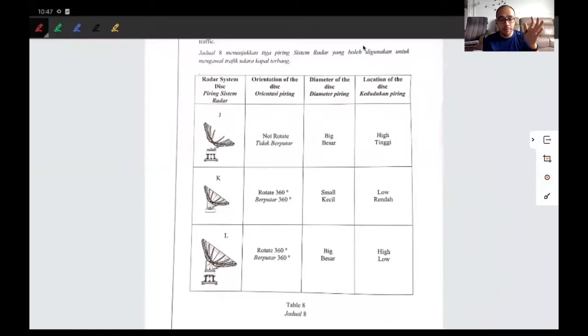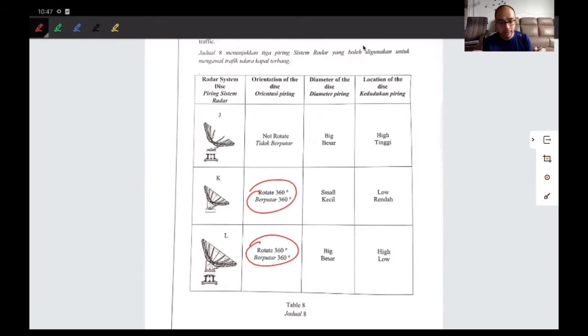Should the disk rotate or not rotate? Obviously you want it to be rotating, because this is for airplanes, not for TV signal. TV signal should be one direction. But for airplanes you want to be able to detect all the planes that are coming in from every area. So it must be able to rotate 360 degrees.